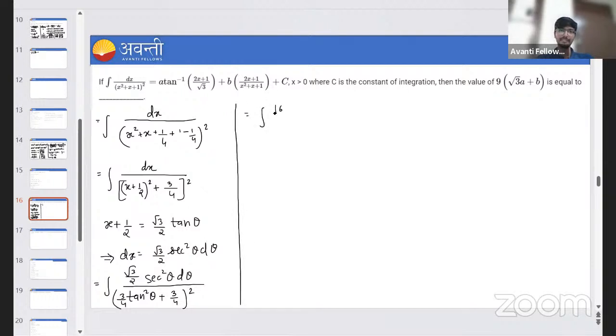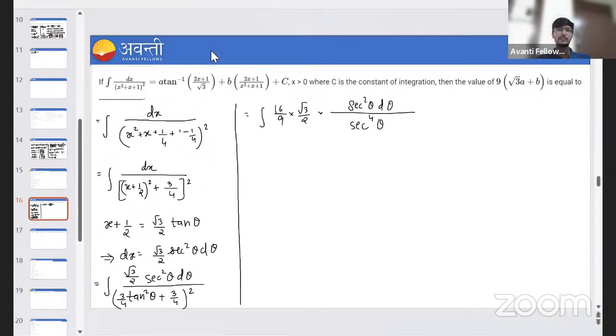So it will be 16 by 9 into root 3 by 2. Correct? Into, what will be left? Sec square theta d theta upon 1 plus, taking 3 by 4 common, 1 plus tan square theta, 1 plus tan square is sec square theta. This will be sec raised to 4 theta. So 2 powers will get cancelled. Sec square theta will come up on top.